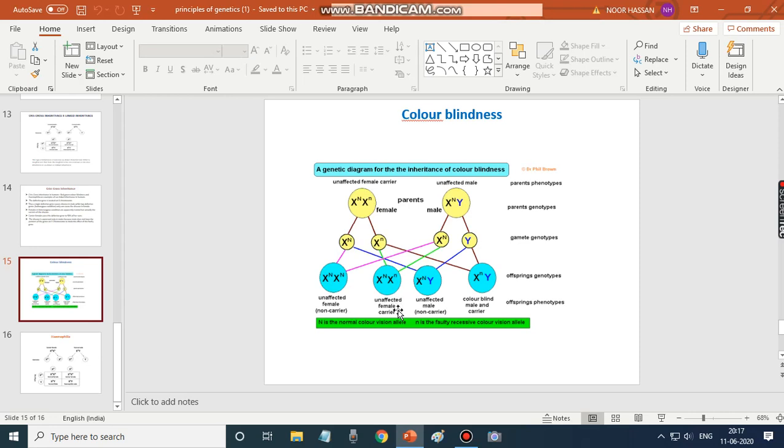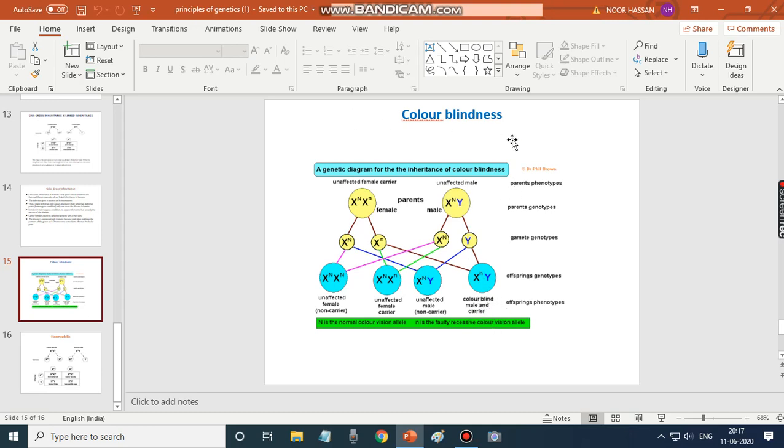And this is the carrier, not affected, because one of the X chromosomes carries the normal gene capital N and the other X chromosome carries the defective gene, small n. And this is the unaffected male, because his X has the normal gene capital N, so this is a normal male. The other one, with the X chromosome carrying the defective gene represented by small n, is a colorblind male.